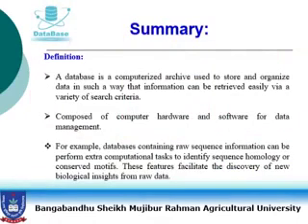A database is a computerized archive that is used to store and organize data in such a way that information can be retrieved easily via a variety of search criteria.